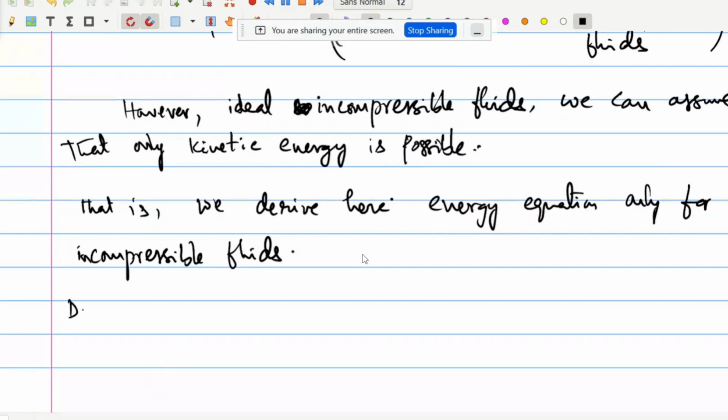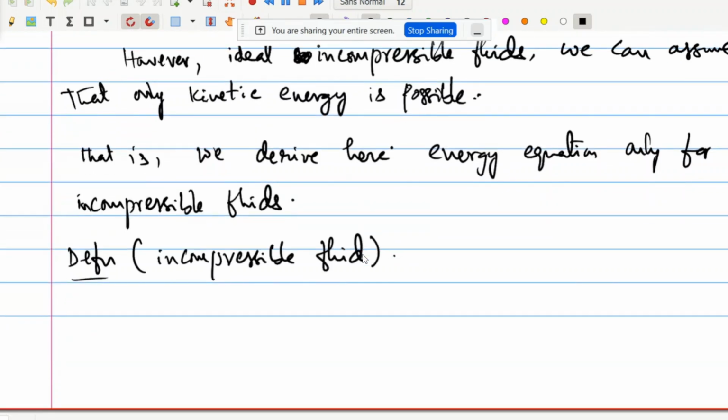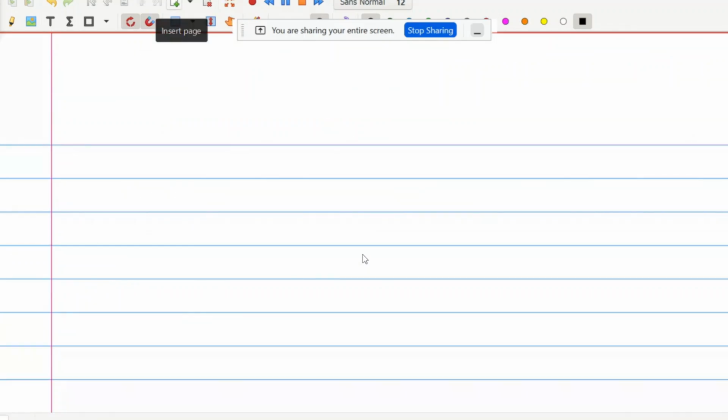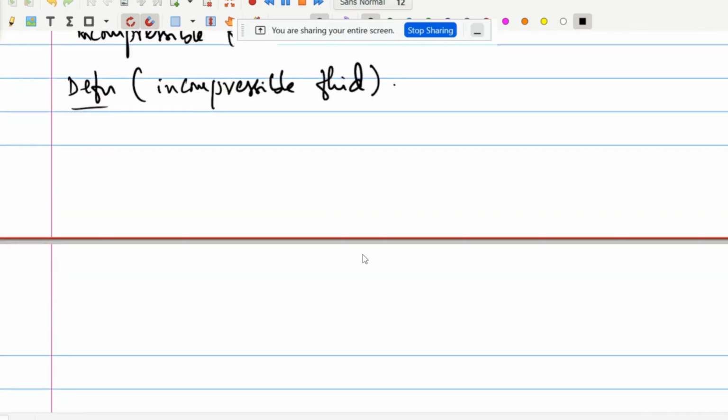So first of all, I need the definition of incompressible fluid. Okay, so start with many definitions. Let me put it like definition 1. Okay, so first fundamental definition is volume.